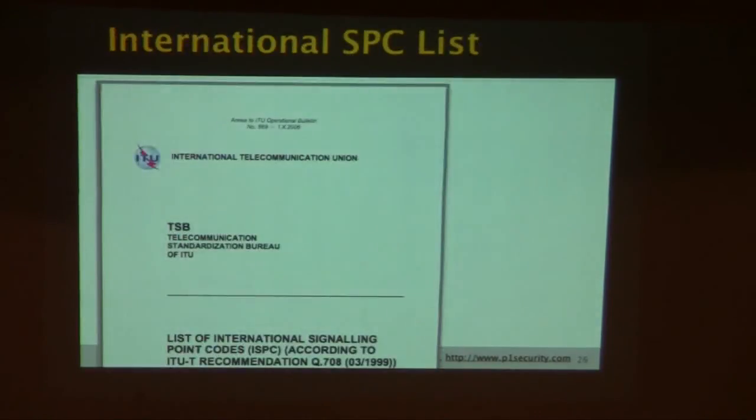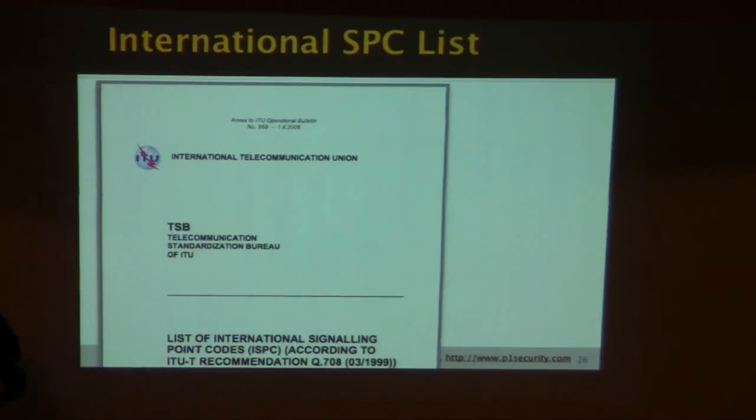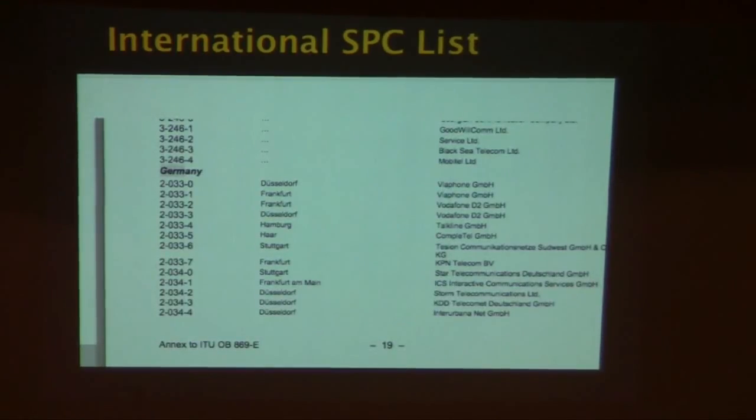Very rarely used. What's interesting is that SPC is something that is somehow very secret, but they start to do some openness. So now you can pretty much request a list of international SPCs, and you'll end up with each of the international SPCs for each operator. And this is public.